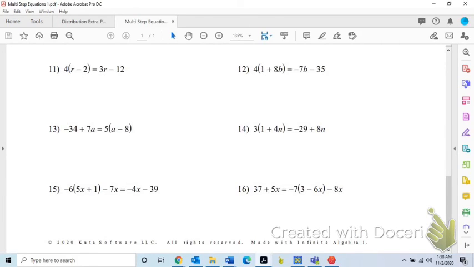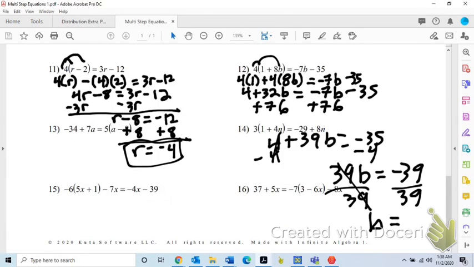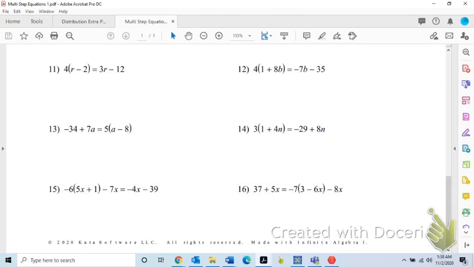Number 13, go ahead and give them the opportunity to work on this. And then go ahead and hit play. Woo, wrong button. So first things first, we need to distribute that 5.